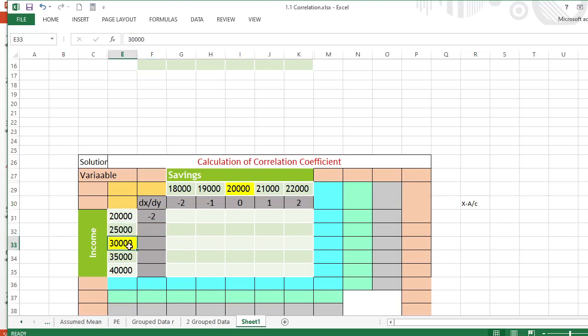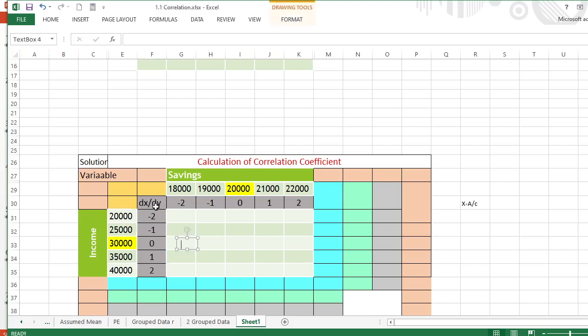How to calculate c, or the class interval, here? The difference between two observations, 30,000 minus 25,000. So x minus a, 25,000 minus 30,000, is minus 5,000 divided by 5,000, so it is minus 1. 30,000 minus 30,000 is 0, divided by 5,000 is 0. 35,000 minus 30,000 is 5,000 divided by 5,000 is 1, and here it is 2.